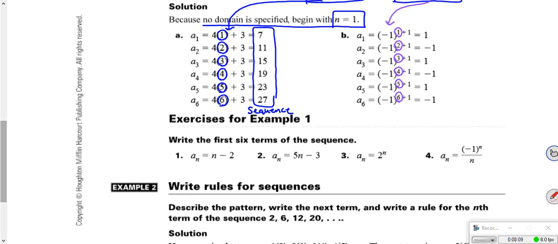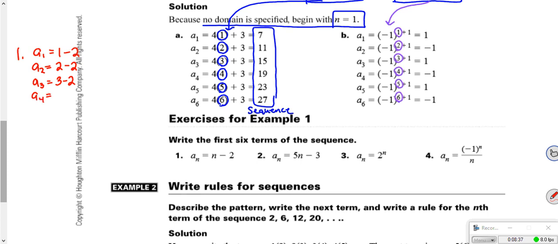So number 1, let me see if I can squeeze them over here. Number 1, a sub n, that's just generic for the nth term: the first term, the second term, the third term. So a sub 1, the first term, is 1 minus 2. A sub 2 is 2 minus 2. A sub 3 is 3 minus 2.